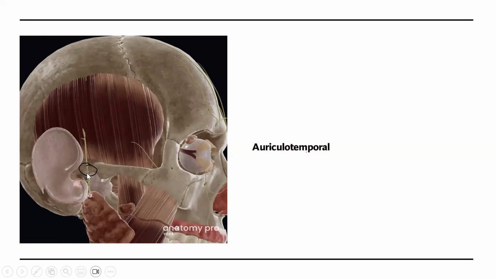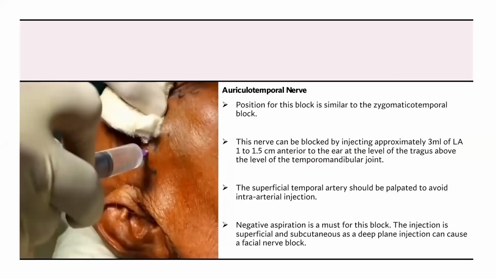It's around 3 to 4 centimeters anterior to the tragus, where you will find the pulsations of the temporal artery. Palpate the temporal artery, and half a centimeter medial to it, insert the needle and go posteriorly to the temporal artery. The auriculotemporal nerve lies posterior to the temporal artery, so just deposit 2 to 3 ml there.